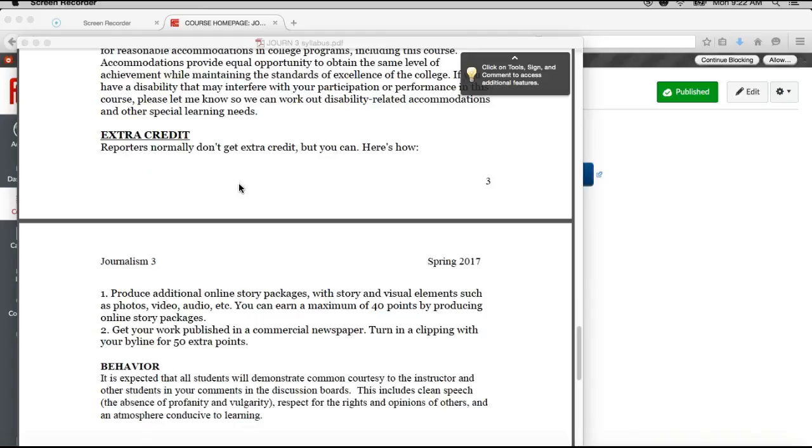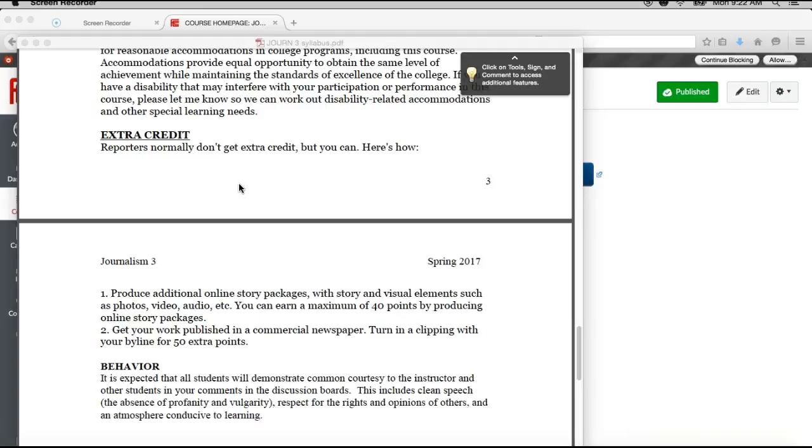And also, towards the end of the semester, I will tell you that you may have opportunities to do extra credit. And it's in your syllabus. Go and review it. And it tells you that there are 2 possible ways. If you can get your work published, let's say in the Fresno Bee, or sometimes even in the Rampage, assuming you're not already one of the Rampage reporters, you will get extra credit.